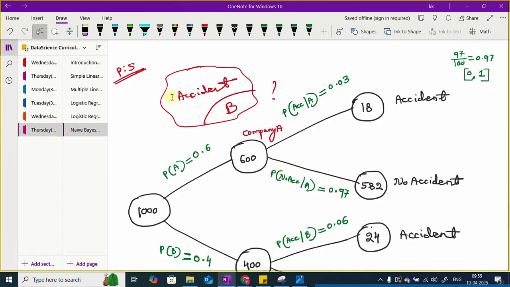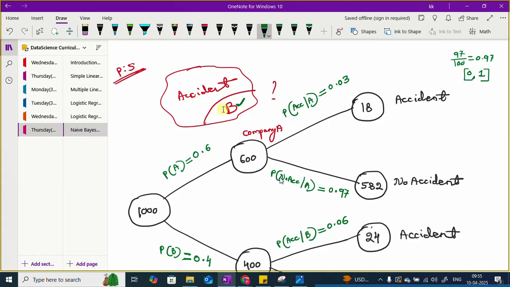What is the question, guys? It's telling that I pick a taxi randomly that faced an accident, fantastic, but the condition is provided that the taxi belongs to company B only. Now, before entering the conditional probability, let's try to find out the taxis that I'm picking from, the ones that had an accident.